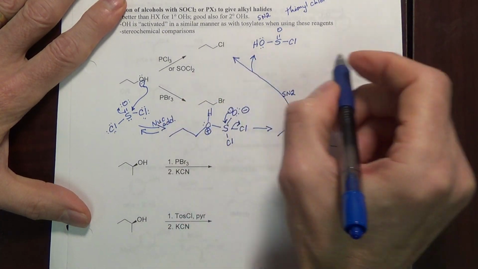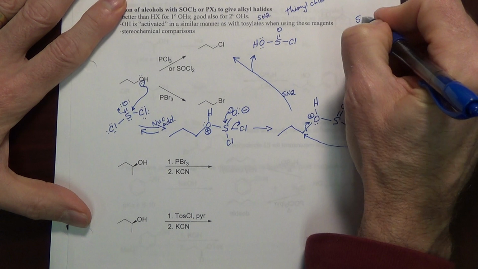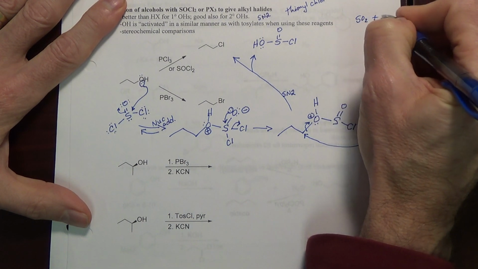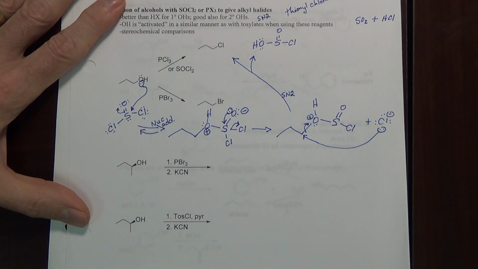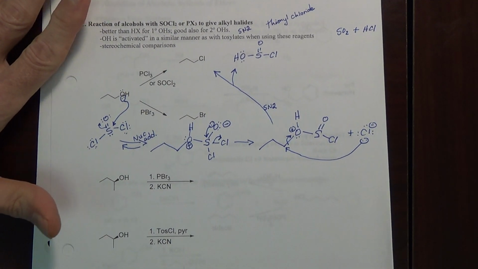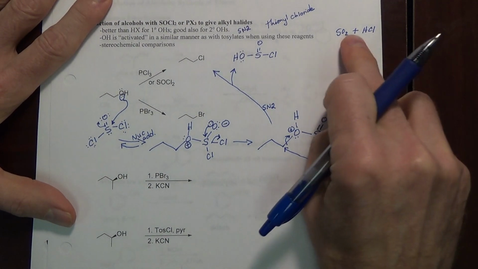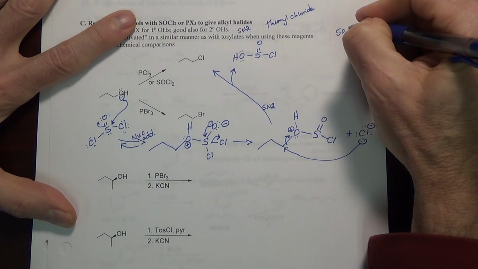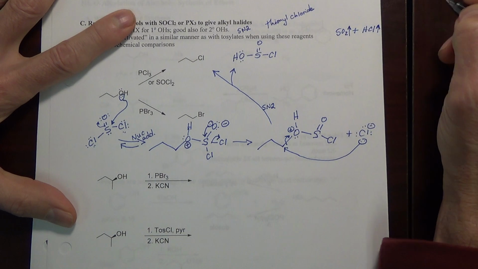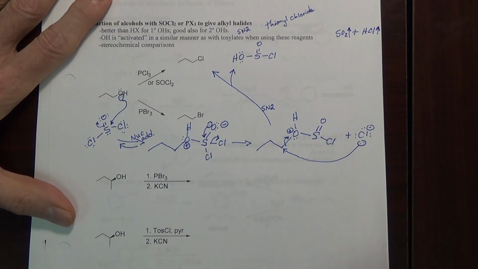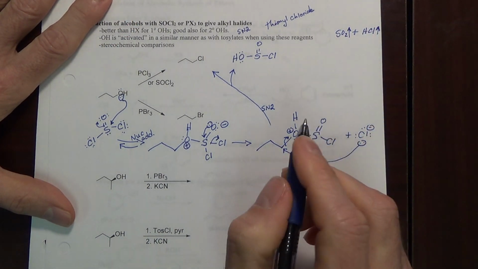The complete byproducts here are SO2 and HCl. Now, how do we get those? And by the way, both of these are actually gases under these conditions, and they can be driven off.